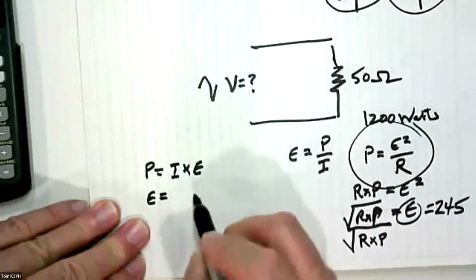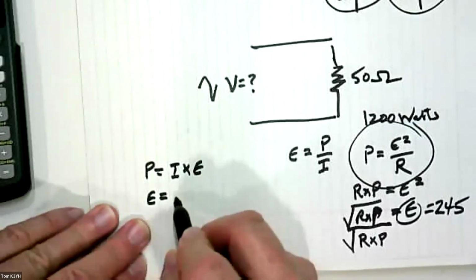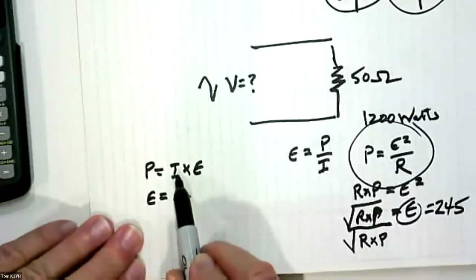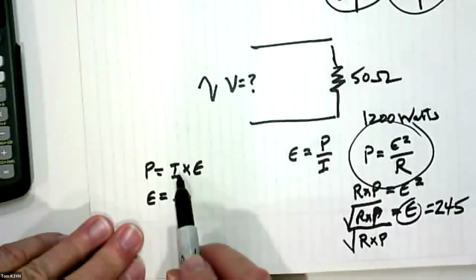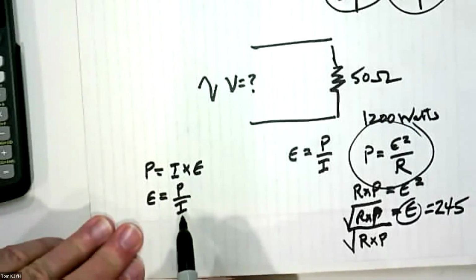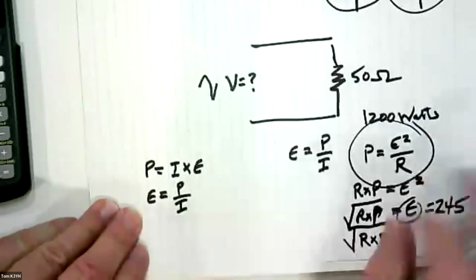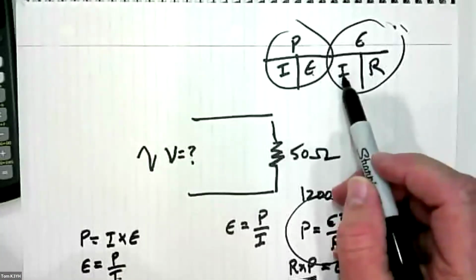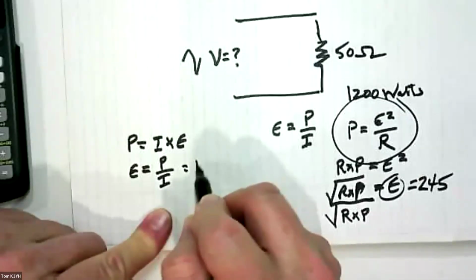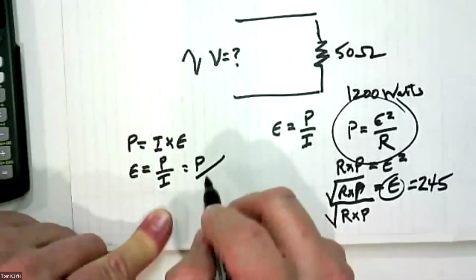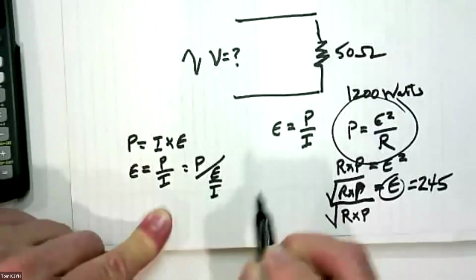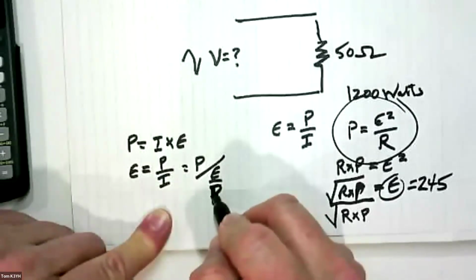E equals P over I. I divided both sides by I, and then I flipped it around. So E equals P over I. Okay, back up here, I equals E over R. So this equals P divided by E over R.